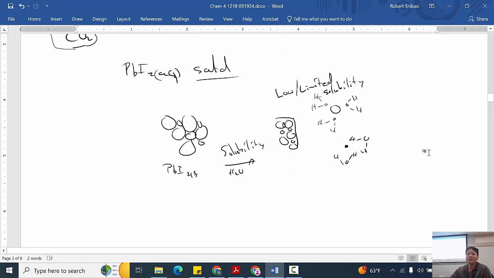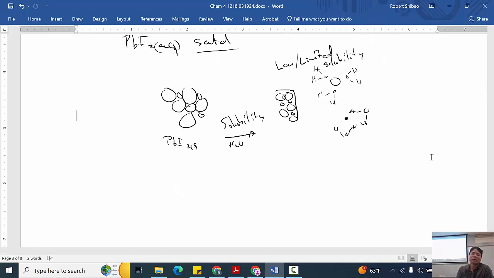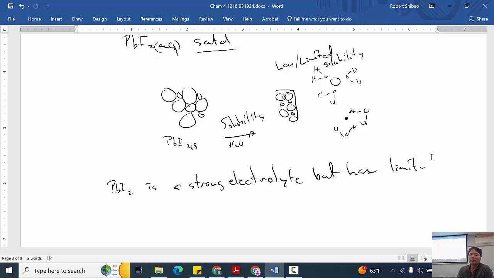So what we'd say is that PbI2 is a strong electrolyte because whatever did dissolve dissociated, but it has limited solubility.